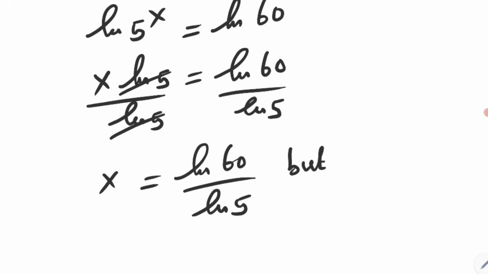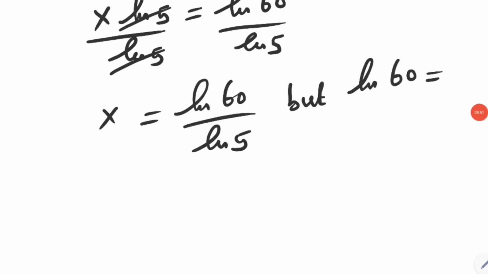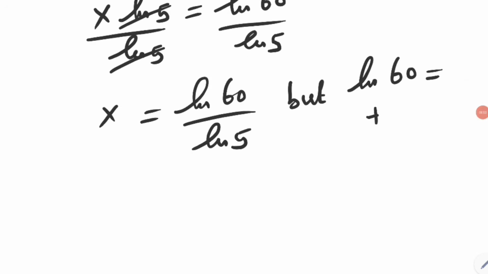But ln of 60 is equal to 4.0943, and ln of 5 is equal to 1.6094.